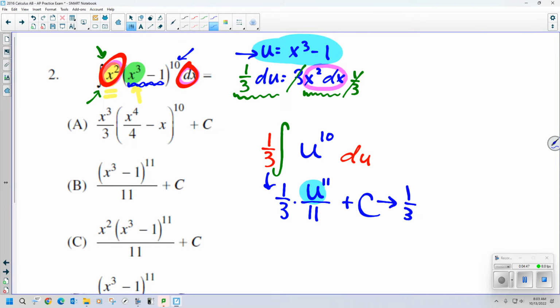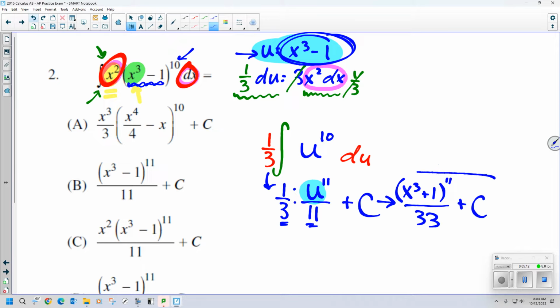Actually, instead of writing 1/3, why don't we just multiply our bottoms right now? 3 times 11 is 33. And the top, 1 times u to the 11th is still u to the 11th. In for u is going to be x cubed minus 1 to the 11th. And, oh, by the way, don't forget, I still have that plus c. That's going to be my answer there.